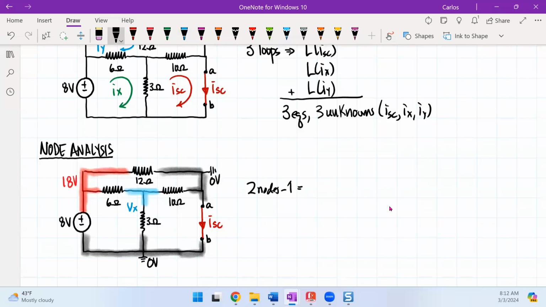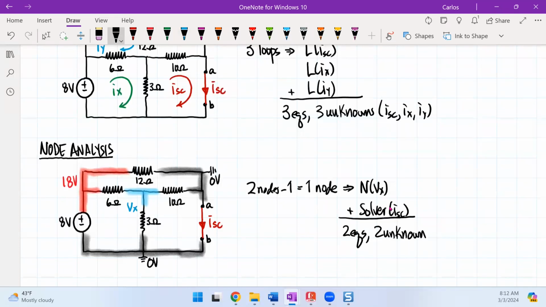So I have one node. And that node is, of course, Vx. But then I look at I short circuit. That's what we want to do. And I would come in with a solver equation for I short circuit. So in this, I have two equations and two unknowns for Vx and I short circuit.